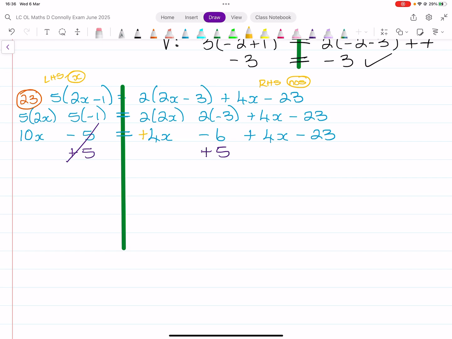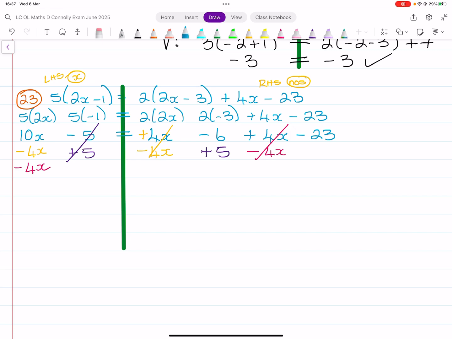This 4x is in the wrong place, so we'll minus 4x to get rid of it, and minus 4x to balance it out. And then this 4x is in the wrong place, so we'll minus 4x to cancel it, and minus 4x to balance it out. So now I think we have only x's on the left and only numbers on the right.